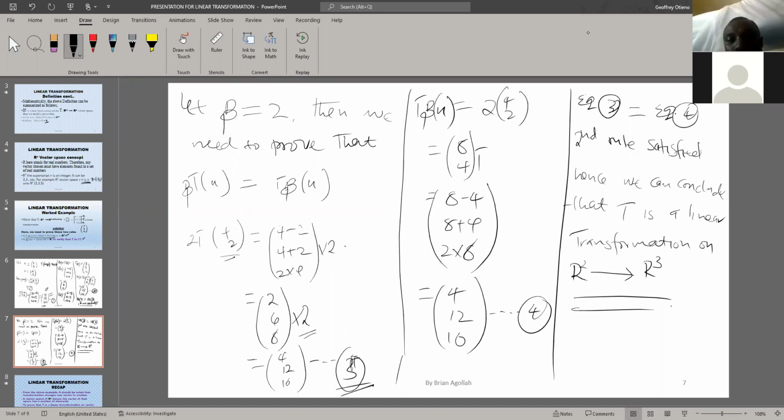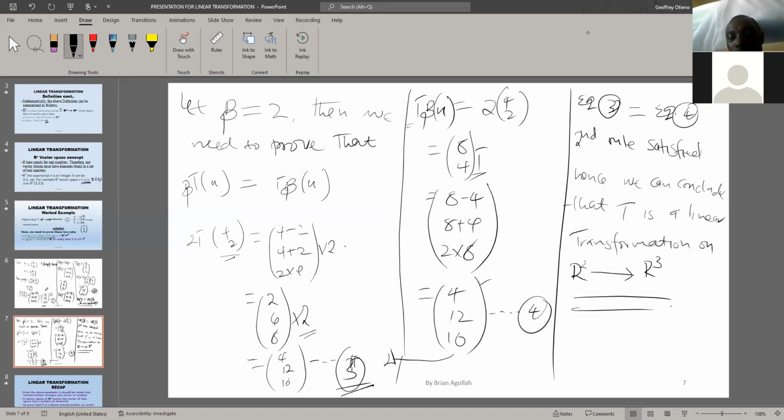Now we take the scalar beta, multiply it by the vector itself, then apply transformation T. The vector u is (4, 2), we multiply by 2, the scalar, and we get (8, 4). If we give it transformation T, we get 8 minus 4, 8 plus 4, and 2 times 8, which turns out to be (4, 12, 16), the same as the one we got here.